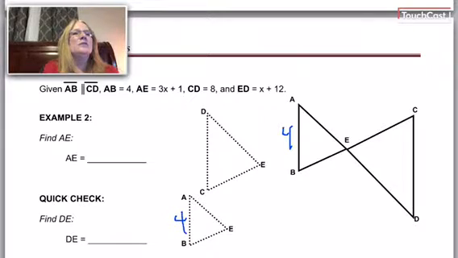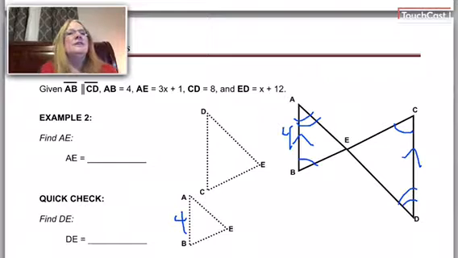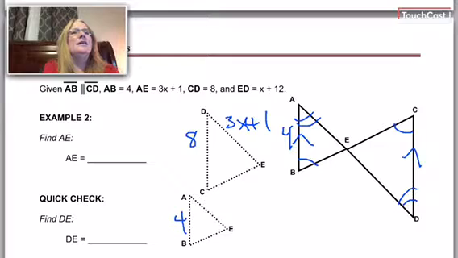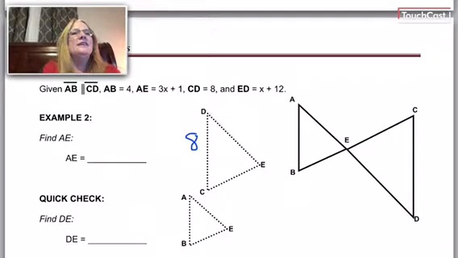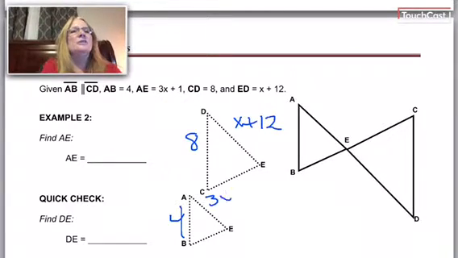And you notice that they told us that these lines were parallel, and so we know that B lines up with C and A lines up with D. Okay, so my 4 is here, CD is 8, and ED, I'm sorry, I wrote that the wrong way. Let me clear that. This is 8, 4, ED is x plus 12, and AE is 3x plus 1.